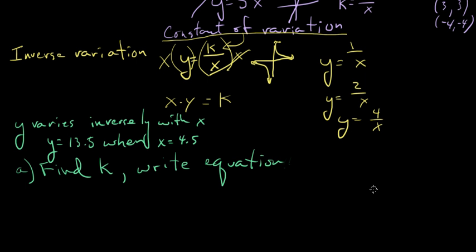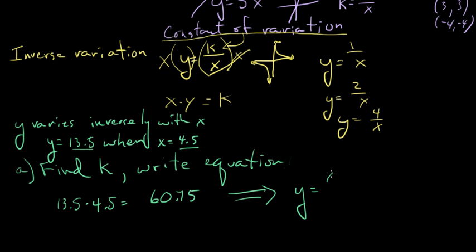So let's see how to do that. That's pretty simple. K equals x times y. Y is 13.5, x is 4.5, so 13.5 times 4.5 equals 60.75. So when you write this as y equals k over x, you'd say y equals 60.75 over x.